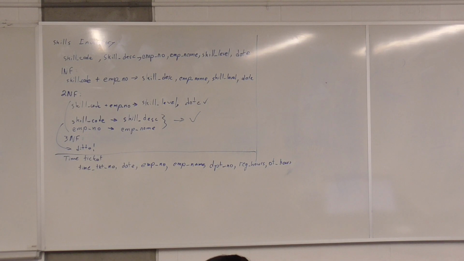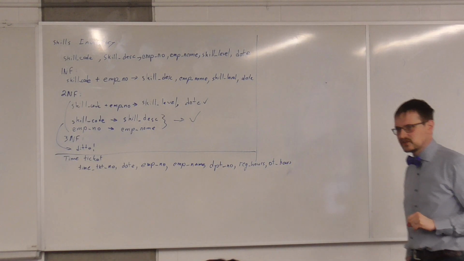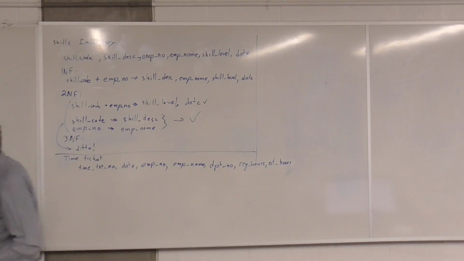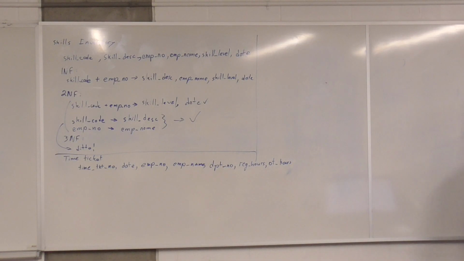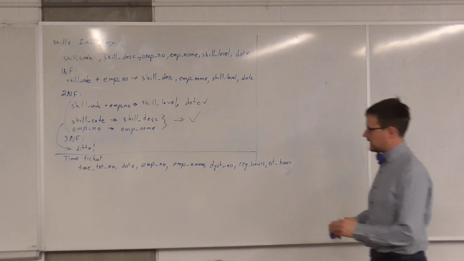Hopefully everybody picked up that there's nothing in here that fits the bill on its own, but if you had two of these tickets, you'll definitely get repetition, right? We're not inventing new department numbers for each ticket, right? So, time ticket number is certainly going to be part of our composite key.